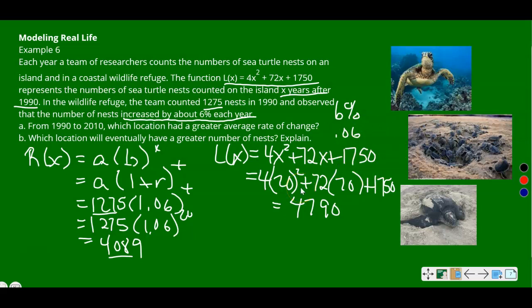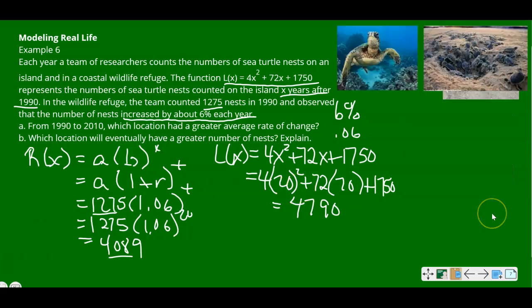All right, so we have to find the average rate of change of both. I've slid the pictures up out of the way so we have a little bit more room here. So let's say we have the average rate of change for R of x.